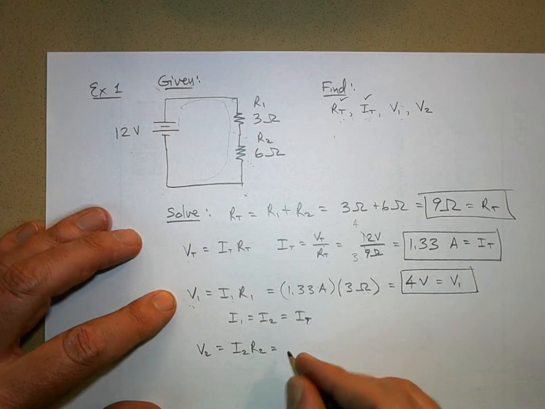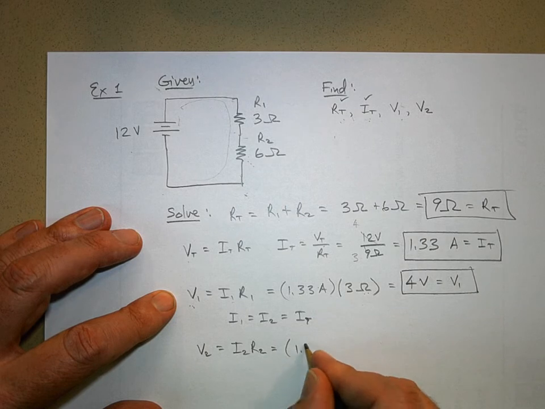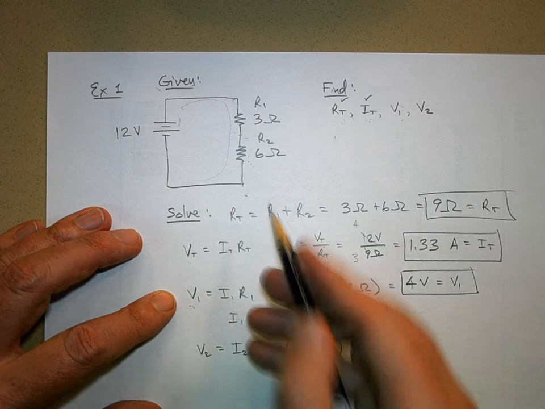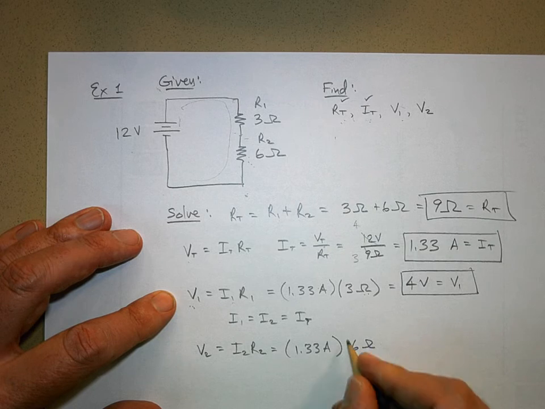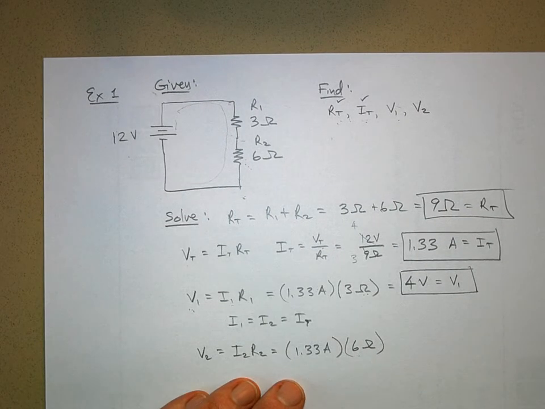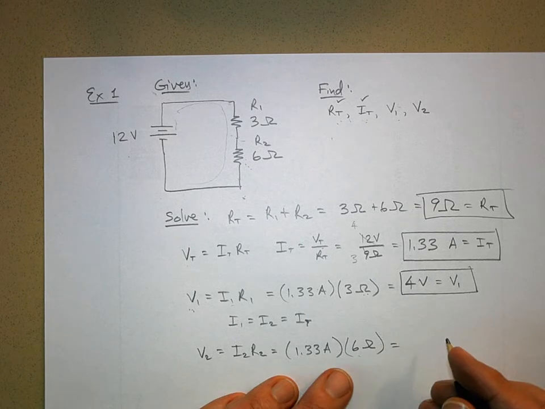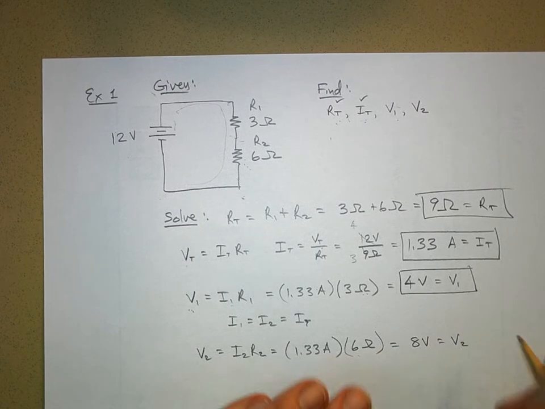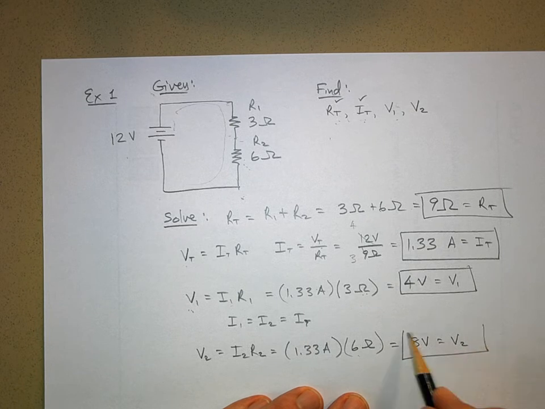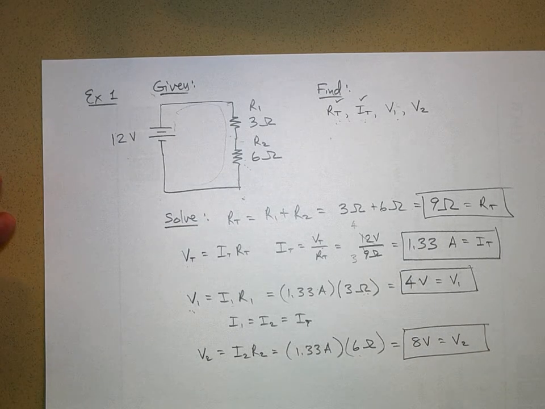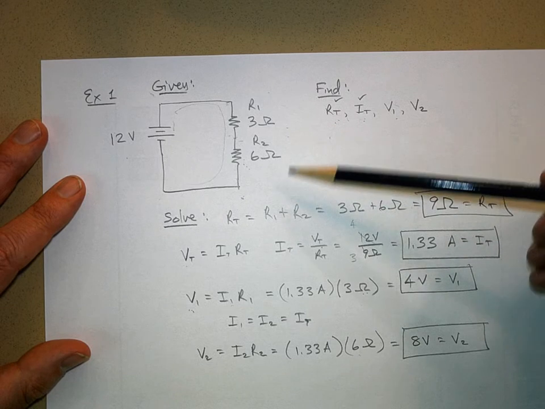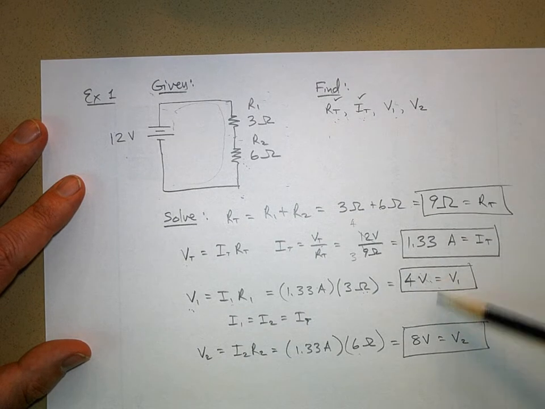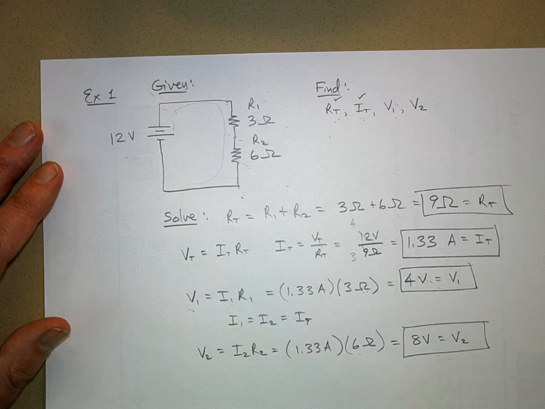So same current, 1.33 amps, but now we have 6. And 6 times 1 1/3 is indeed 8 volts, if you do the math. And then you can check, did I do this right? Yes, because V1 plus V2 should equal the total voltage. 4 volts plus 8 volts equals 12 volts. I did it right.